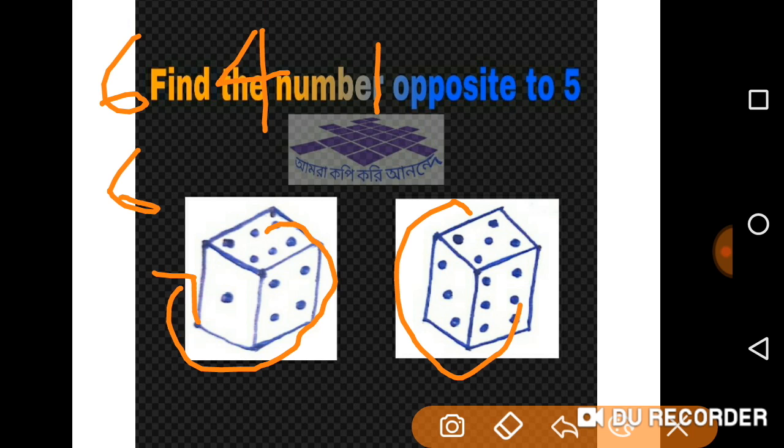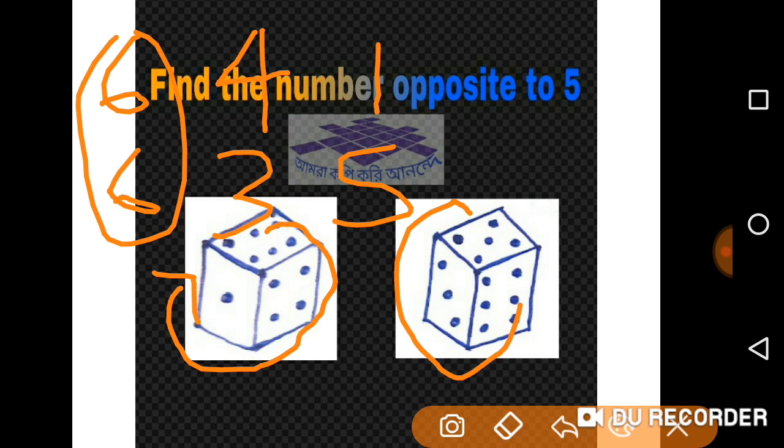Second, 6, then 3, then 5. Here is 6, so opposite of 4 is 3, opposite of 1 is 5. Now 1 remains, that is opposite of 6, the one remaining number.